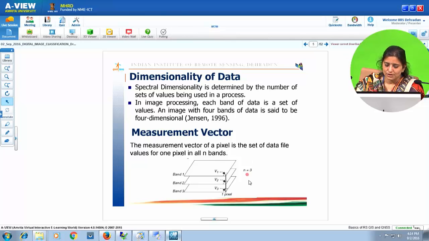So suppose we have these 3 bands and we have this pixel v. In the first band, the value of this pixel is v1. The value of the same pixel in the second band is v2, and in the third band is v3. Then the measurement vector would be equal to a matrix v1, v2, v3.